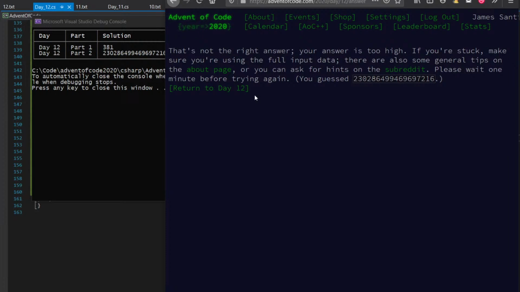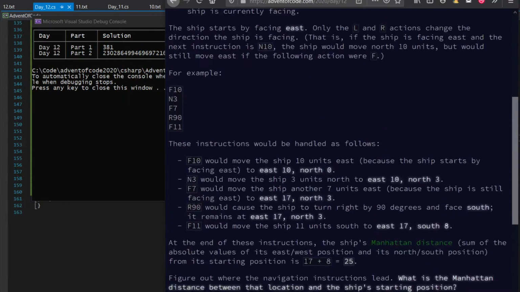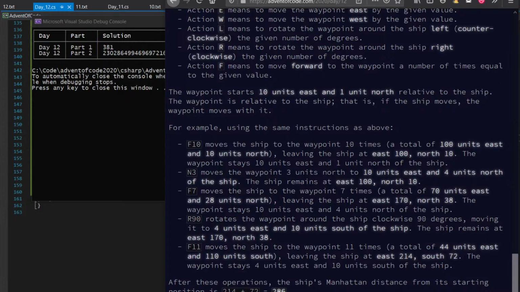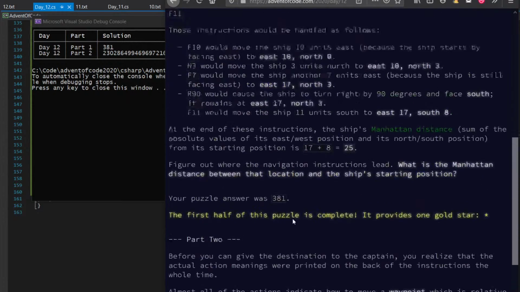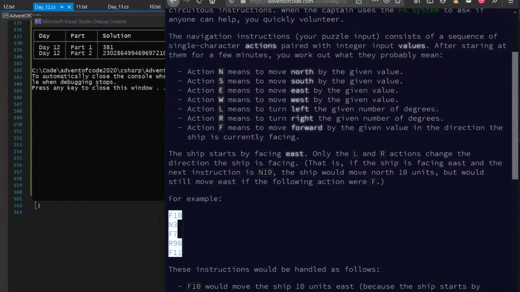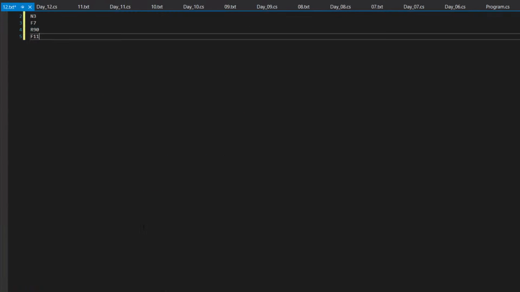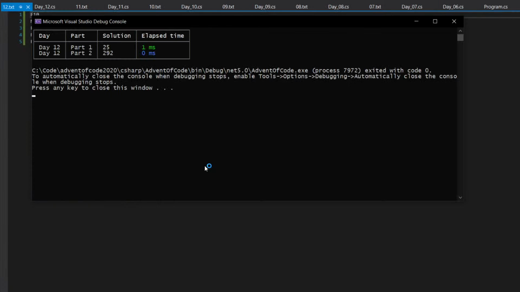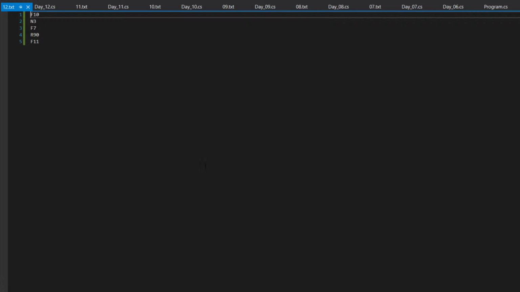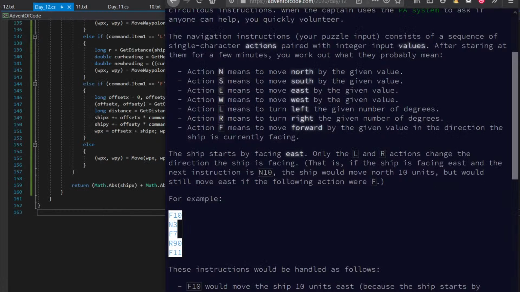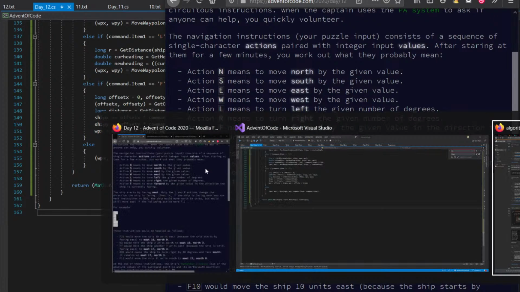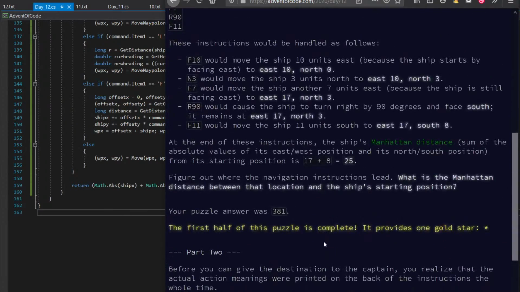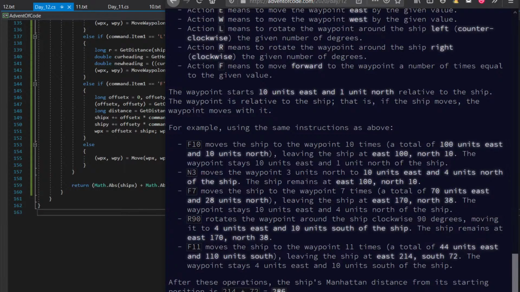Your answer is too high. Okay. That's reasonable. It is a gigantic answer. Are we getting the test information correct? 292. We've somehow started to get a wrong answer. What happened to our correct 286?